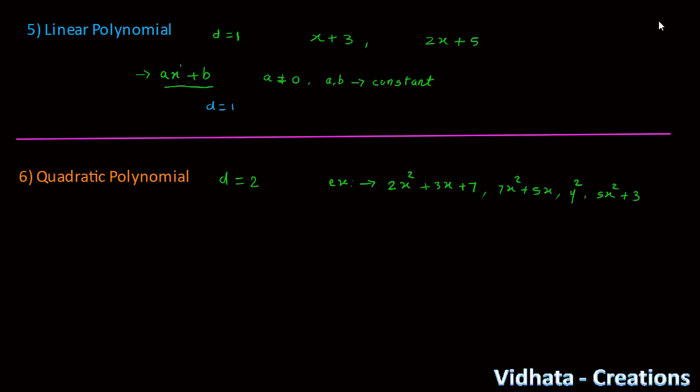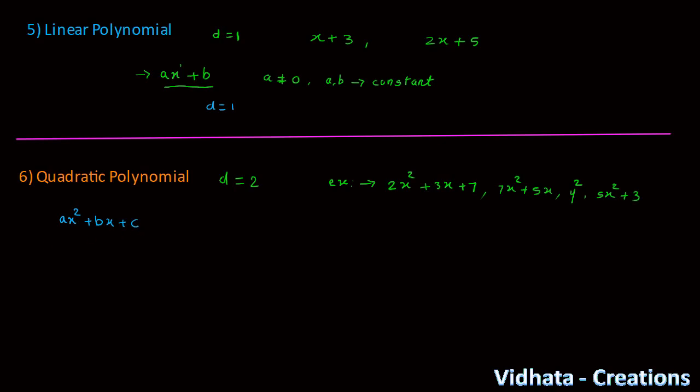But what is the standard form of the quadratic polynomial? The standard form of the quadratic polynomial, we can write it as ax square plus bx plus c.